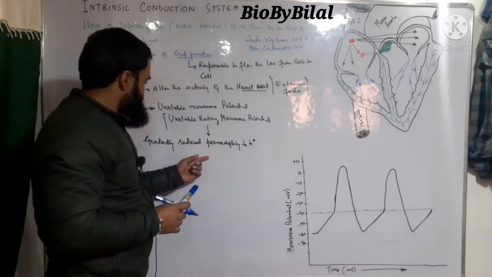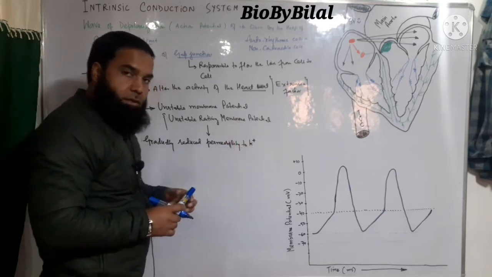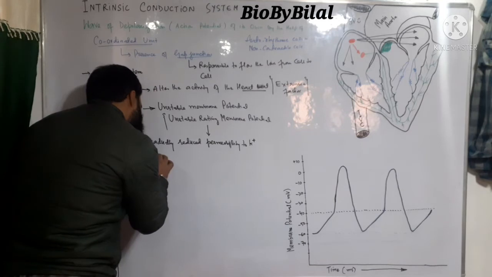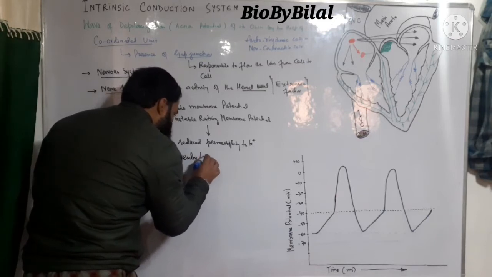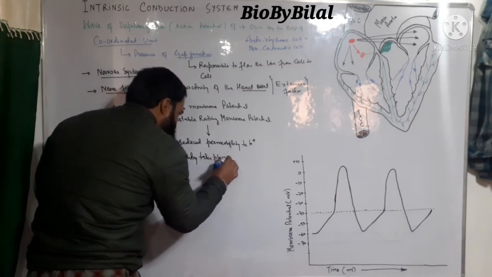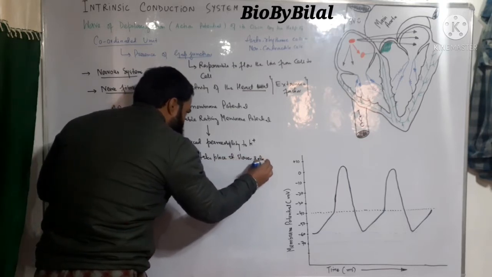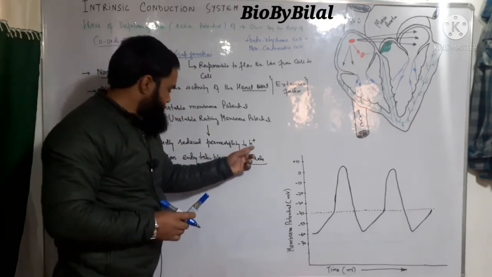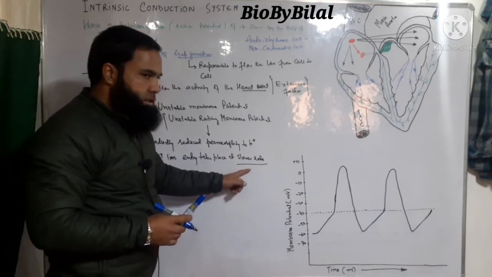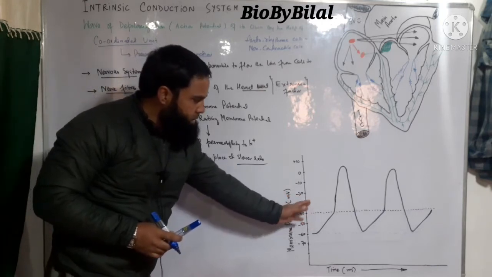The membrane has reduced permeability to potassium ions, while sodium ion entry takes place at a slower rate. You must remember this point. I'll make use of this chart here.